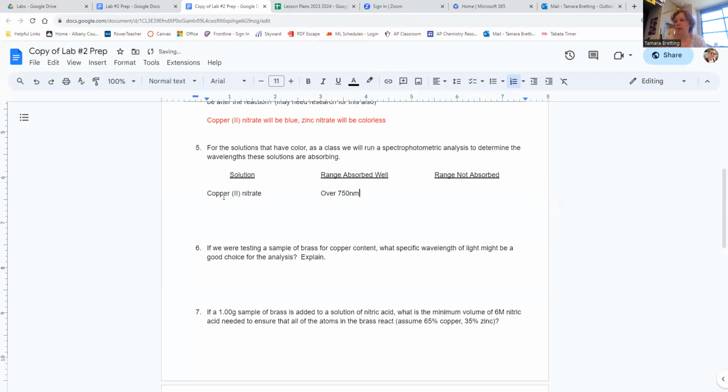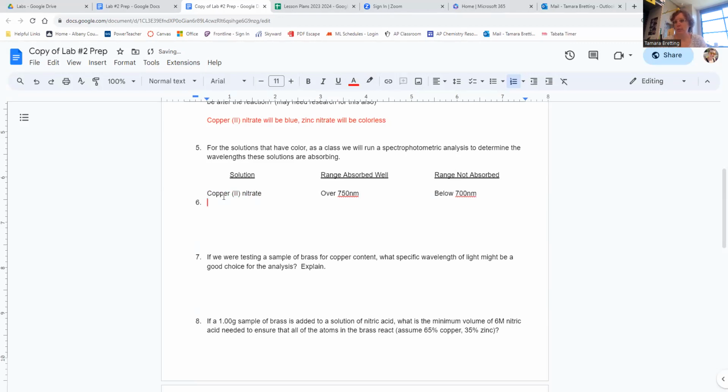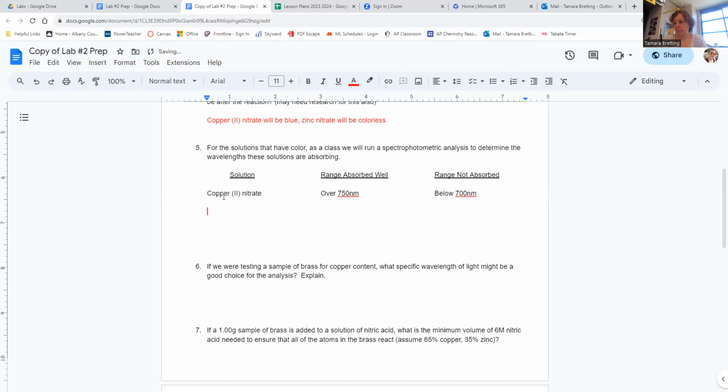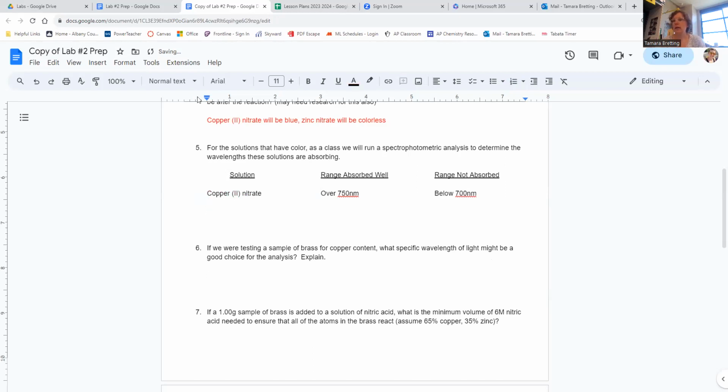I'm not sure what we wrote in class, but over 750, absolutely absorbing well. The range not absorbed well would be below 700 nanometers. And again, I'm not sure what exactly we wrote last time, but that's kind of what we're seeing when we're looking at our screen.